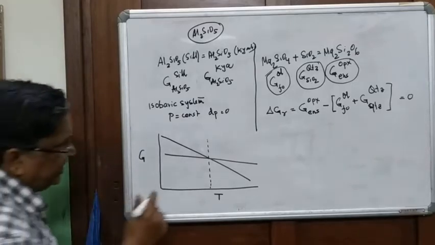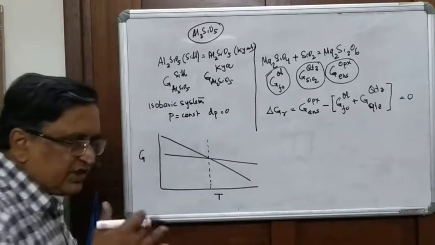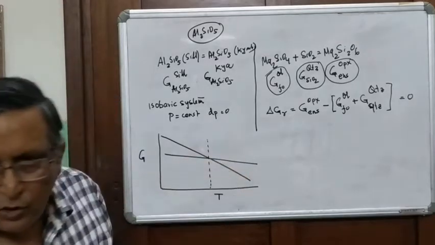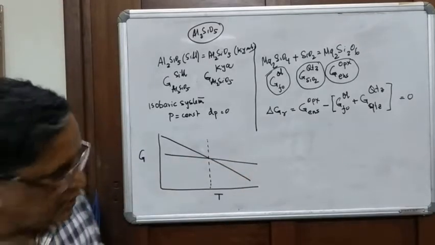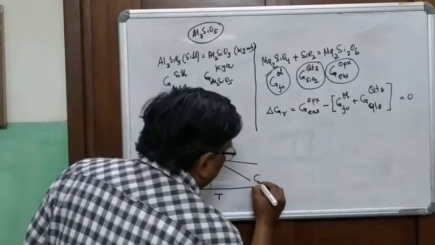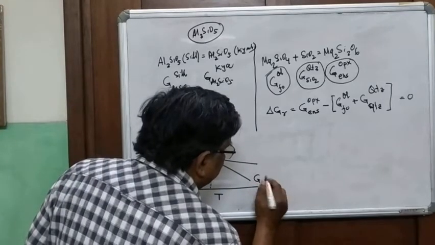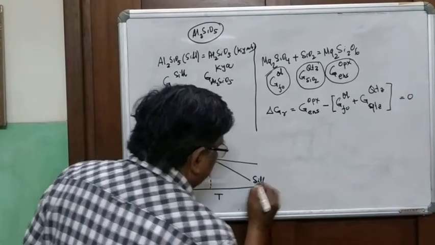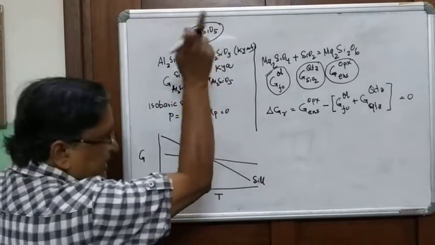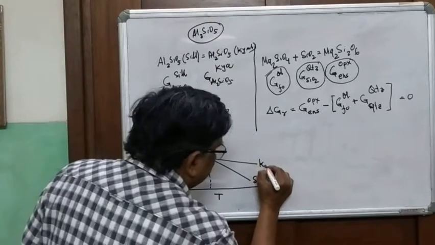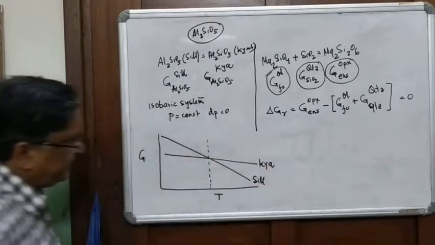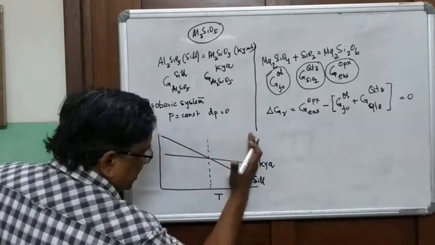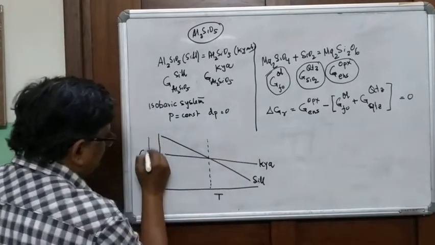Now you see here, which is the stable polymorph? The one which has lower free energy. So this one will be the free energy for sillimanite, because we know that sillimanite is stable at high temperature, and this is for kyanite. Right? Now on this side of the temperature axis, G is like this.